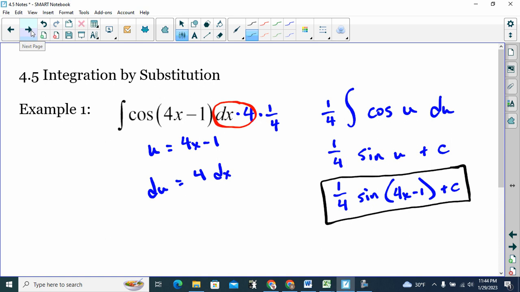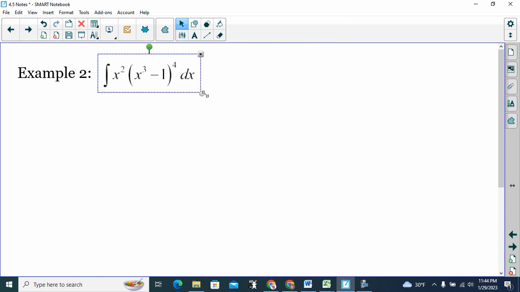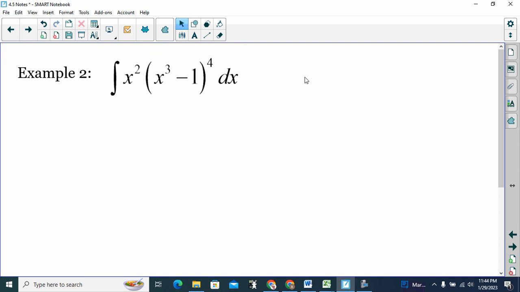Let's try another one. Example 2 says the integral of x squared times the quantity x cubed minus 1 to the 4th dx.